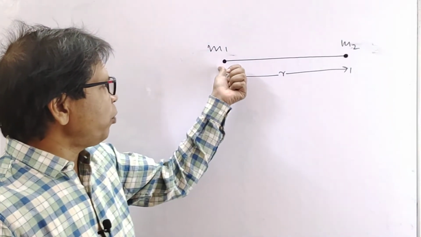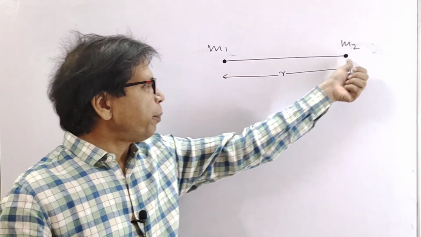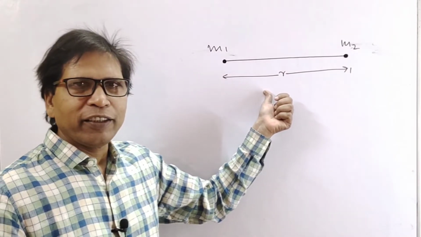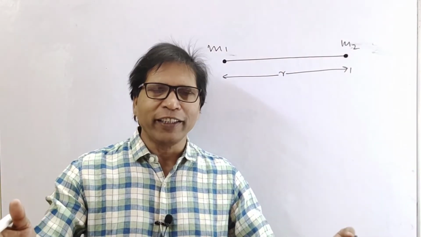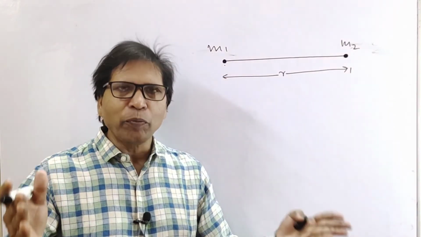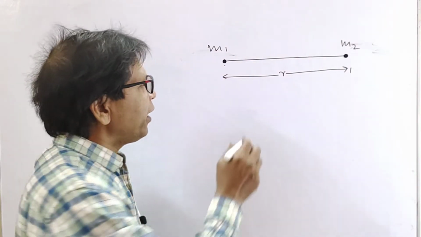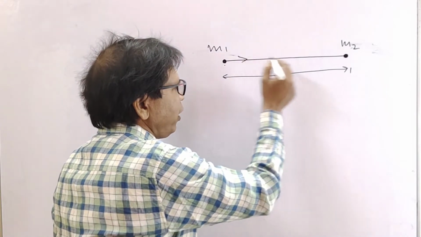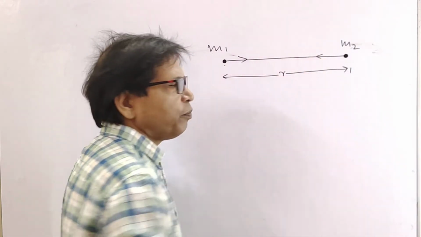Suppose two masses m1 and m2 are separated by a distance r. Newton's law says the force of attraction between any two particles is directed along the line joining them.